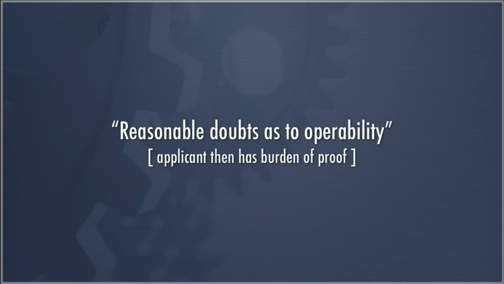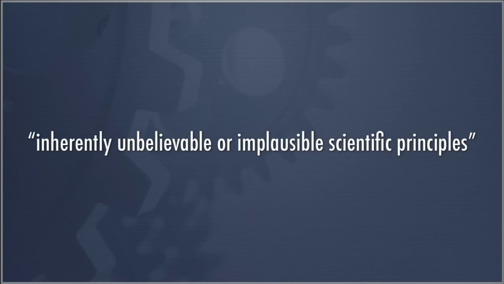So you file a patent application, and it is assumed that whatever you've described works, is operable. If the Patent Office brings evidence forward saying there are reasonable doubts as to operability, then the applicant has the burden of proving operability in some way.